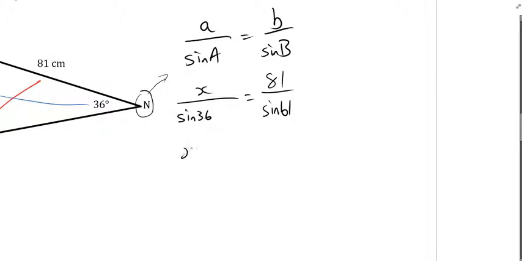Okay, go ahead and solve. So x equals 81 sine 36 over sine 61. Plug that into your calculator.